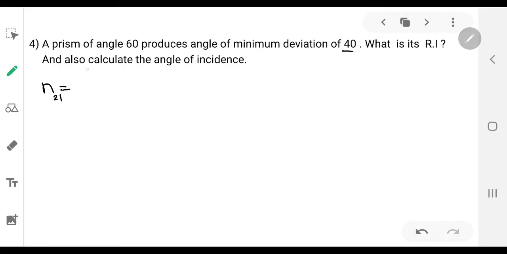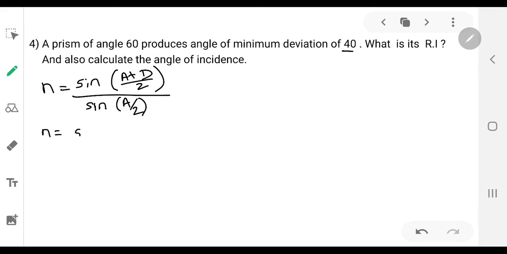As the prism is placed in air, it is n_ga, as good as writing n only. So the refractive index of the material, n = sin((A + D)/2) divided by sin(A/2).